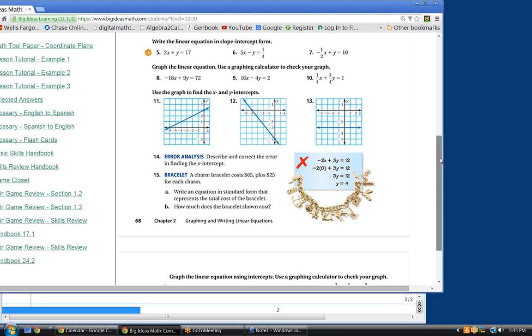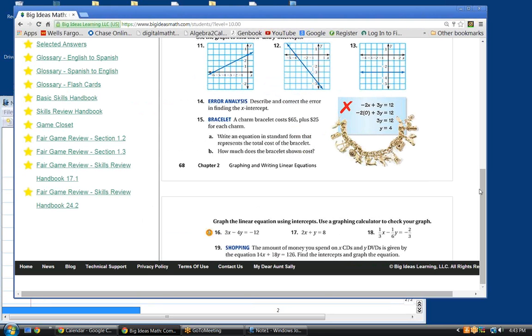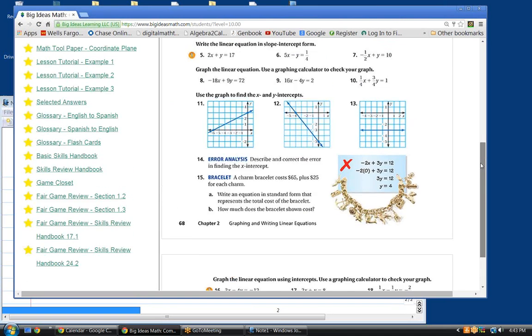Okay. 16, 17, and 18 are very similar to what we just did. So should we do those? Well, you know how to do all of these.